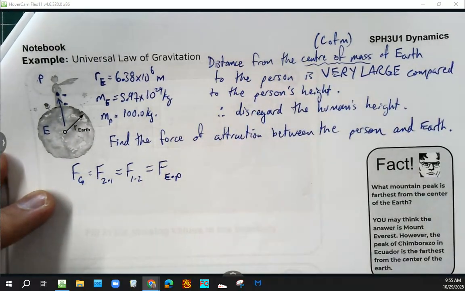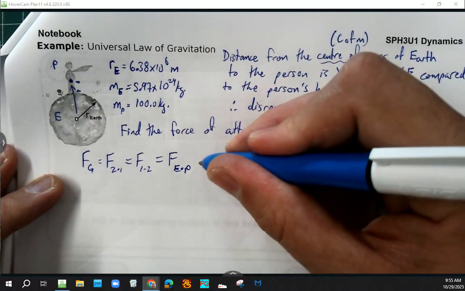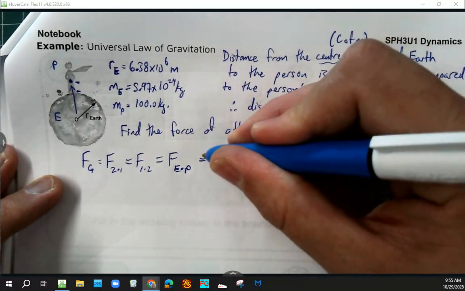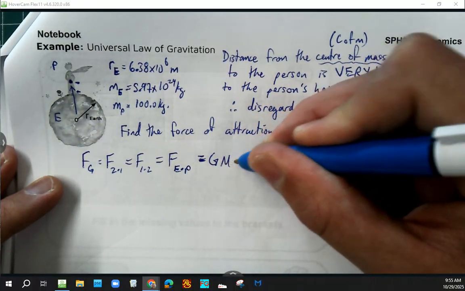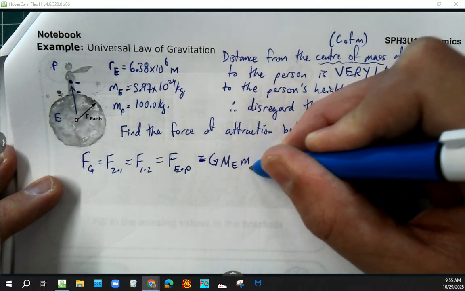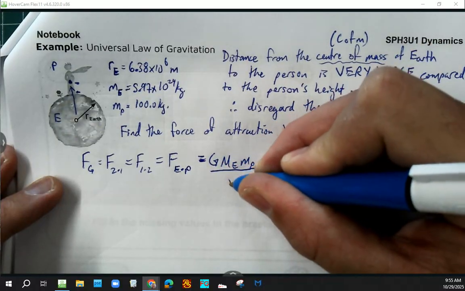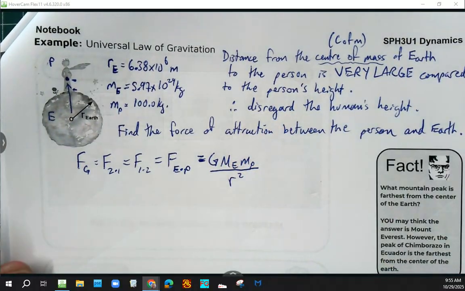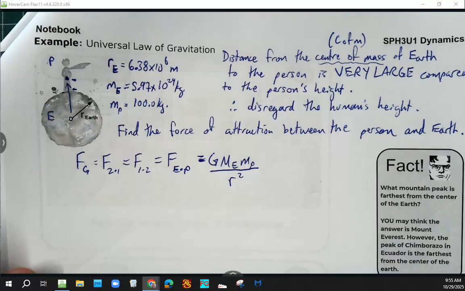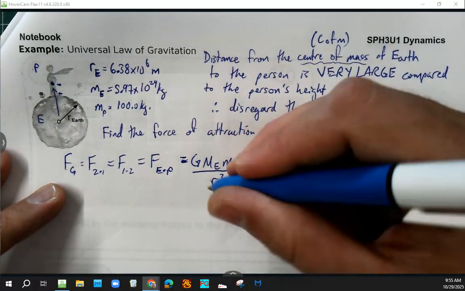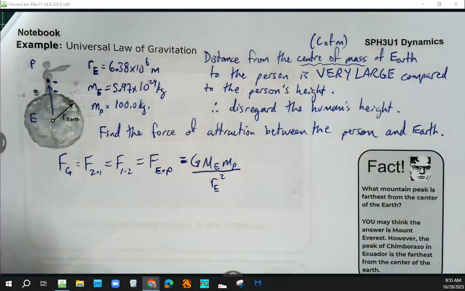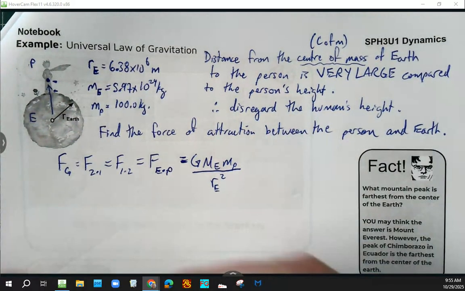You could use even appropriate letters for it. We would say that's equal to G times the mass of the Earth times the mass of the person divided by the radius squared. And in this case, the distance between their centers of mass, based on this little statement here, is basically RE, because we say that the height of the person is negligible.